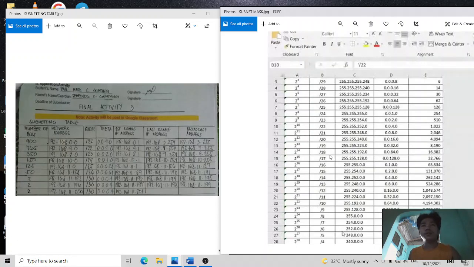Network address. How do I get the network address?